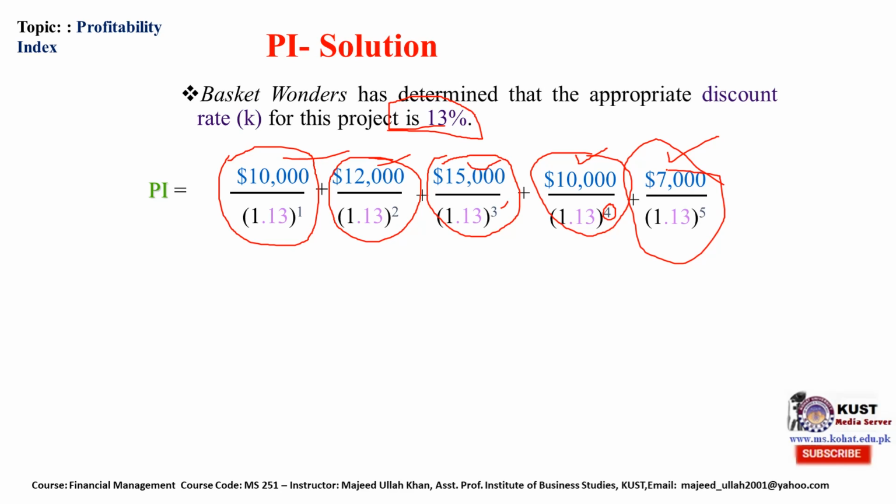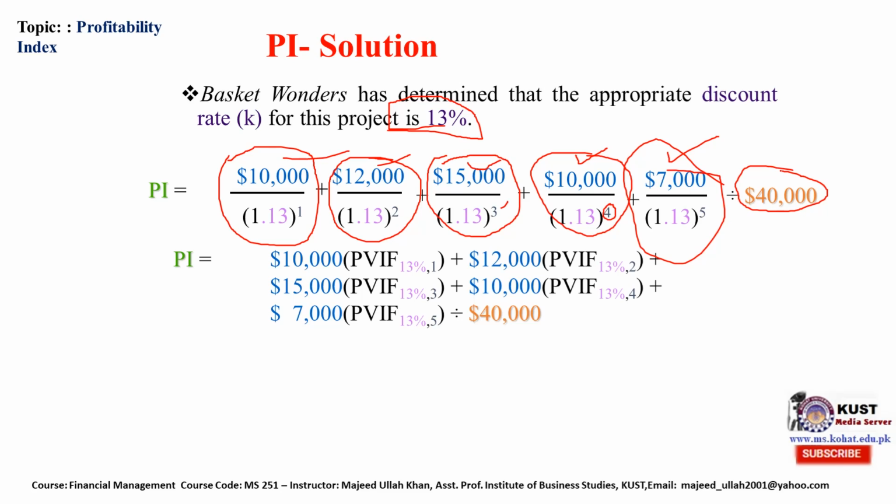But this is not enough for calculating the profitability index. We will divide the sum of all these present values of cash flow by the initial cash outlay, so divided by 40,000. This will give us the profitability index.